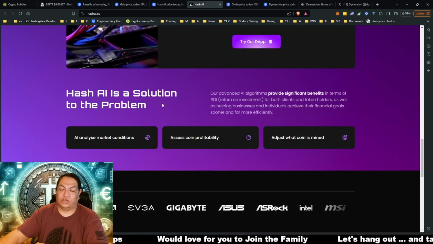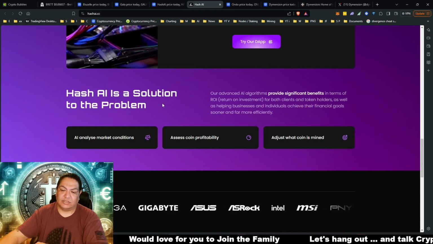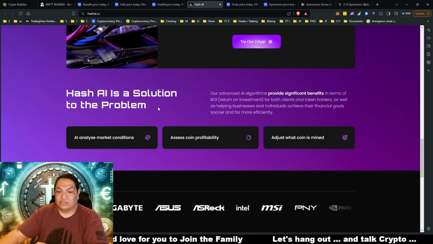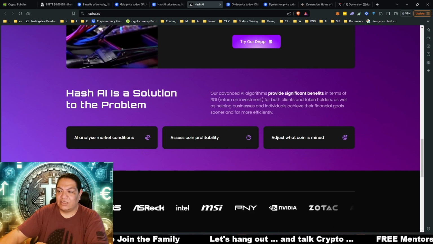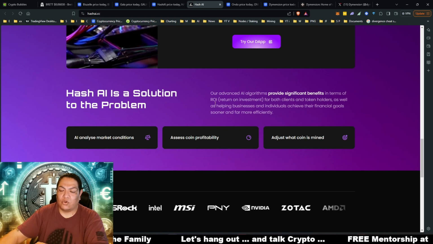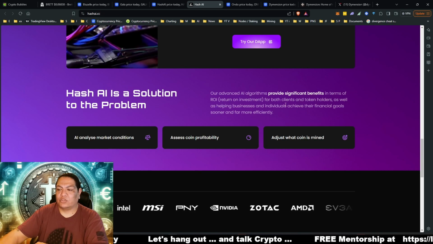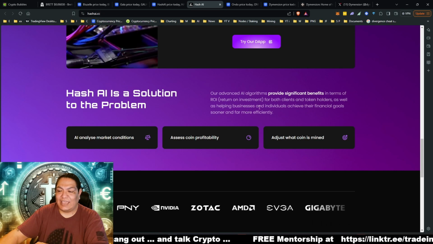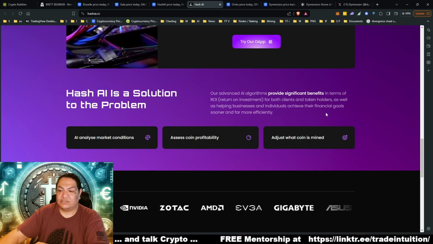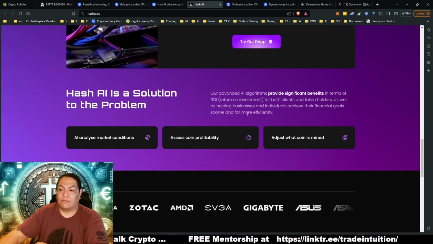I like where they state the problem and then they find the solution. HashAI is a solution to the problem. Our advanced AI algorithms provide significant benefits in terms of ROI, return on investment, for both clients and token holders, as well as helping businesses and individuals achieve their financial goals sooner and far more efficiently.